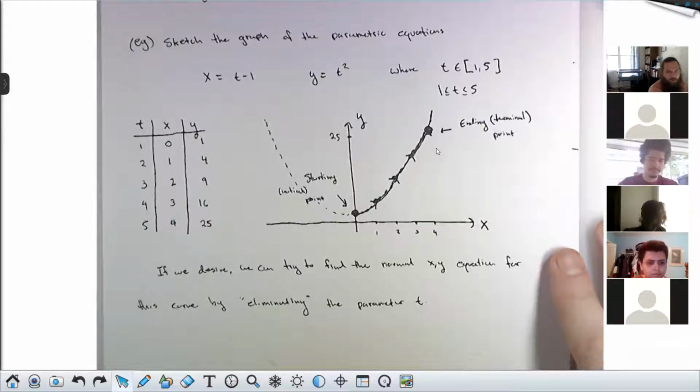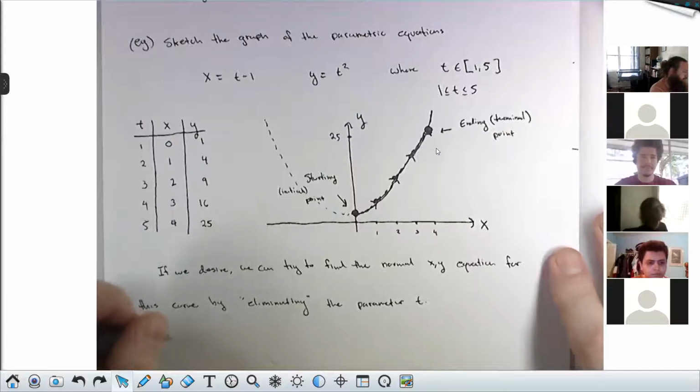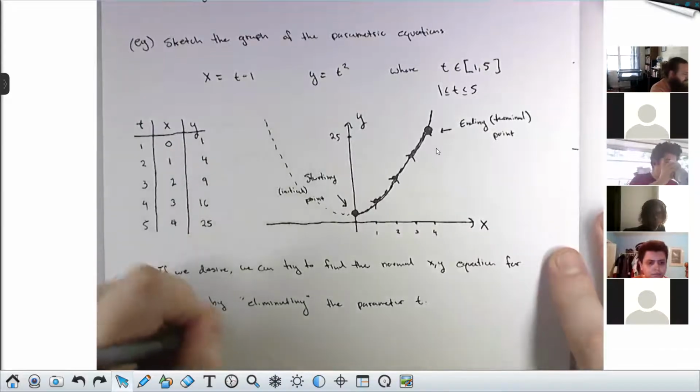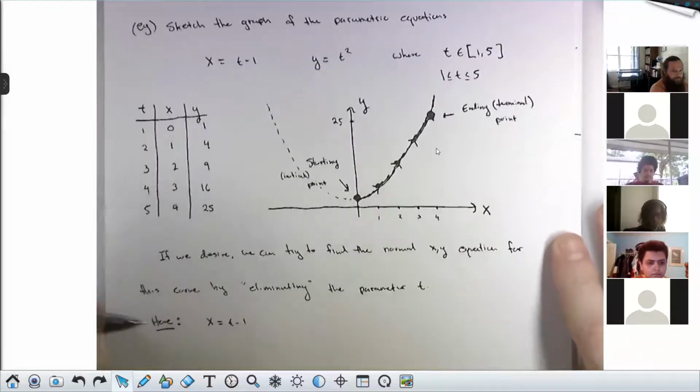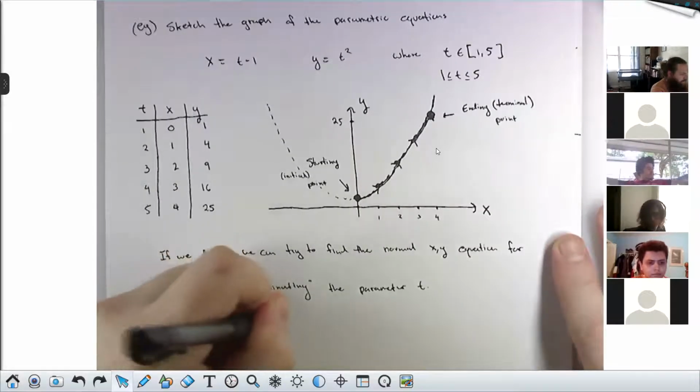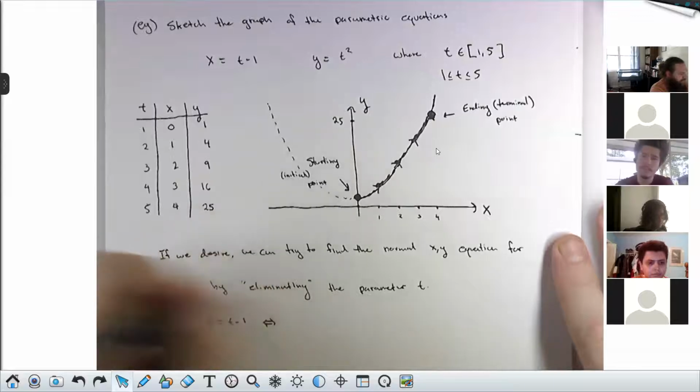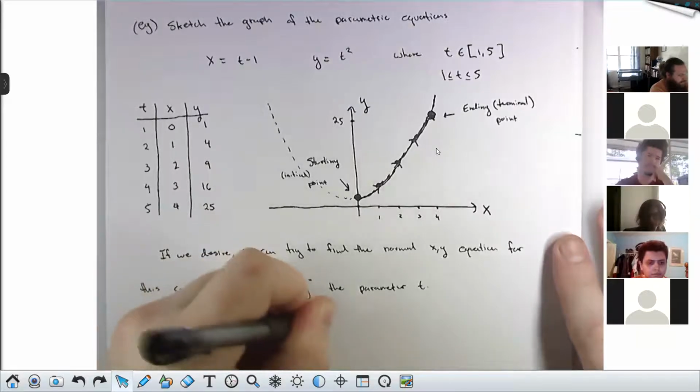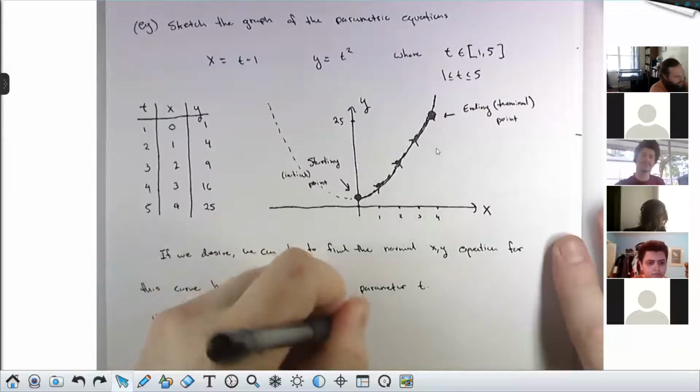So what would that look like here? You can take one of those equations and solve it for t. We know x here is equal to t minus 1. If I solve that for t, I get x plus 1 is equal to t.